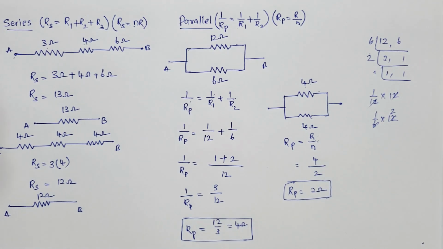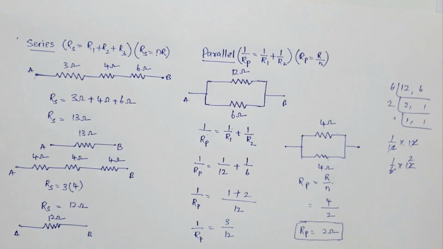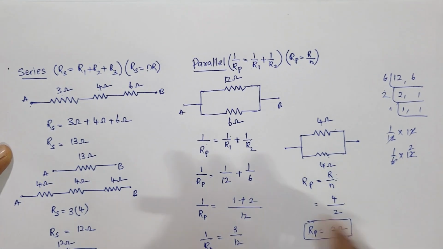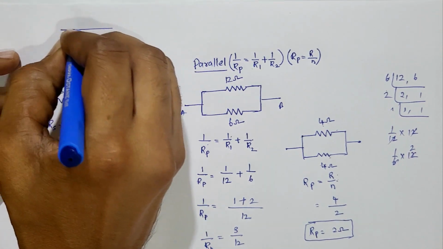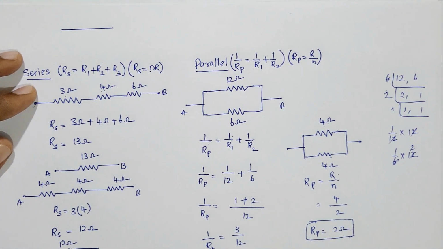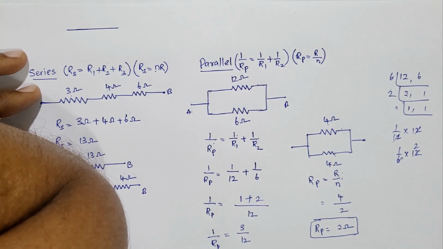Remember, while you solve problems on series and parallel combination, remember one thing clearly. This line is there, see, this line doesn't represent anything. They may give the diagram in any type of structure.